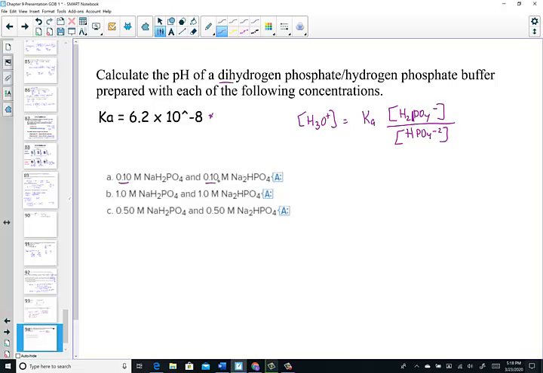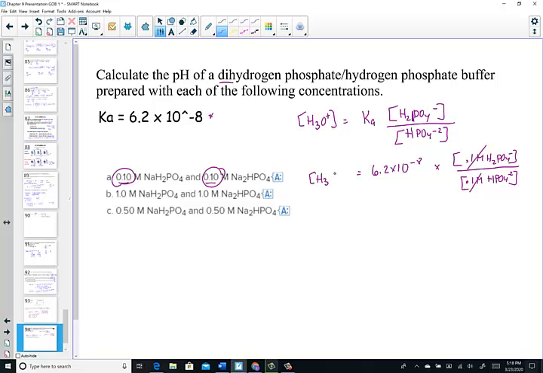They are of equal concentration, aren't they? So in Ka, 6.2 times 10 to the negative 8th times the concentration of the acid, which is 0.1 molar, over the concentration of the base, which is also 0.1 molar, which means this just falls out, doesn't it?